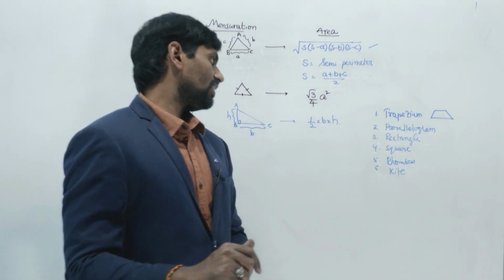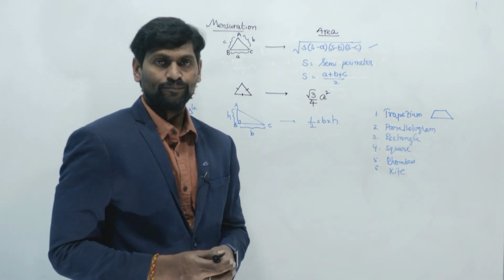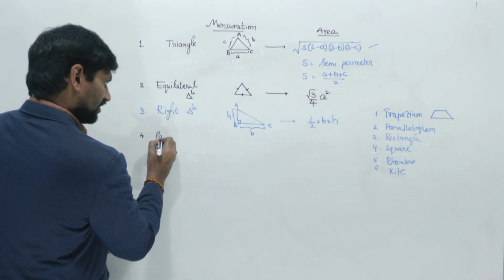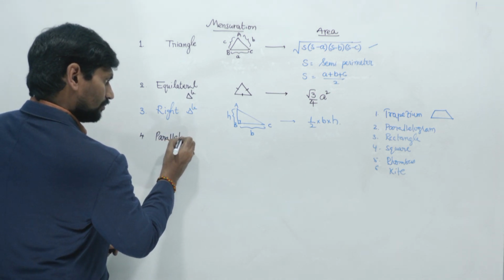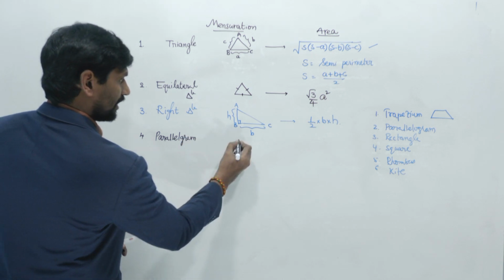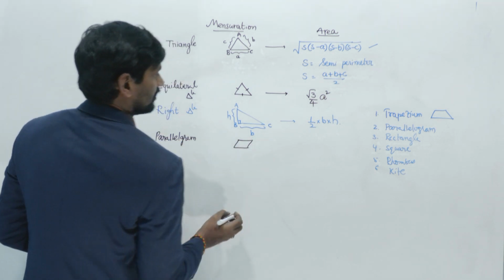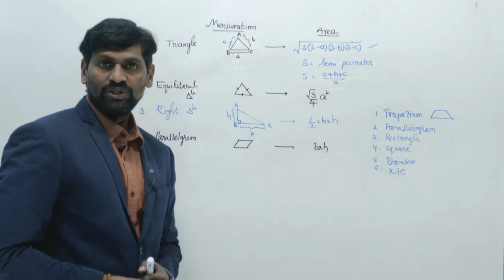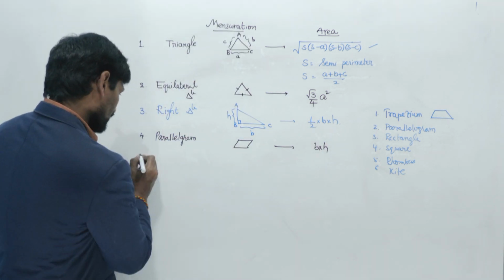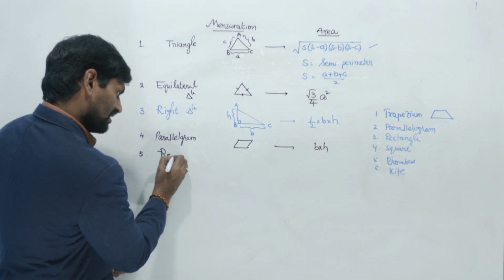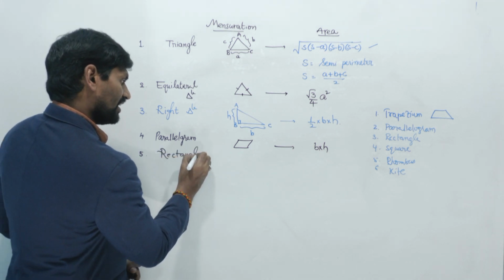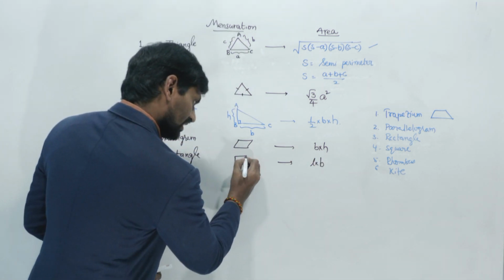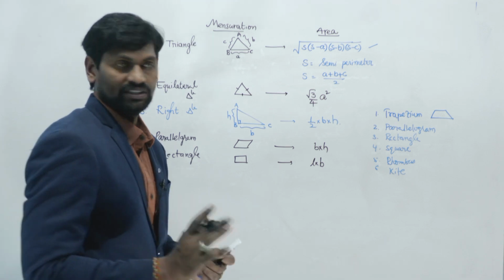So mainly we have to take some formulas. Let us take the formula for parallelogram. Area of a parallelogram is base into height. Next, rectangle. Rectangle area is length into breadth.